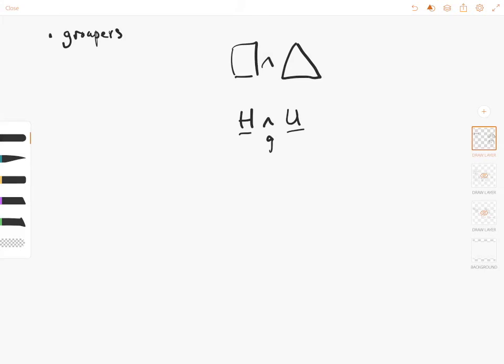But if you look at this more abstract version of the logical form of this expression, which we could write with variables as P and Q, then we can make the point that whatever goes in this square on the left-hand side of this AND operator, and whatever goes in the triangle on the right-hand side of the AND operator, has to be a proposition.